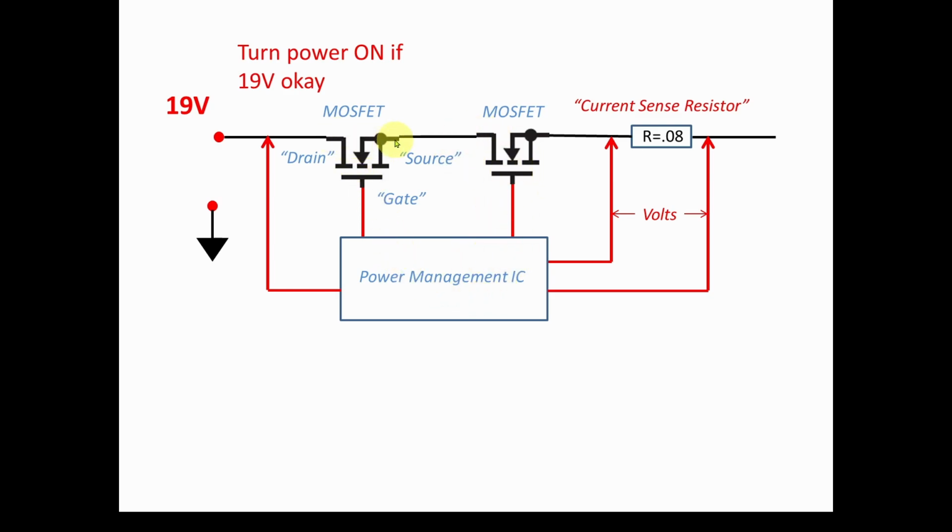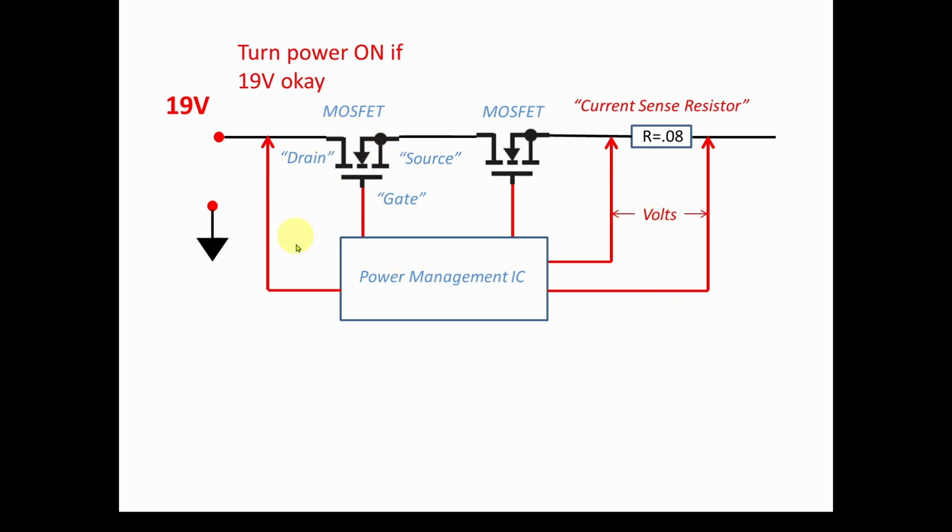So the MOSFET, basically we have a switch between the drain and the source, and the control terminal, the third terminal, is called the gate. And that's where you send a signal to turn this on and off. You can send a high voltage or a negative voltage depending on the MOSFET, but you send it a signal and that will either turn the MOSFET on or off.